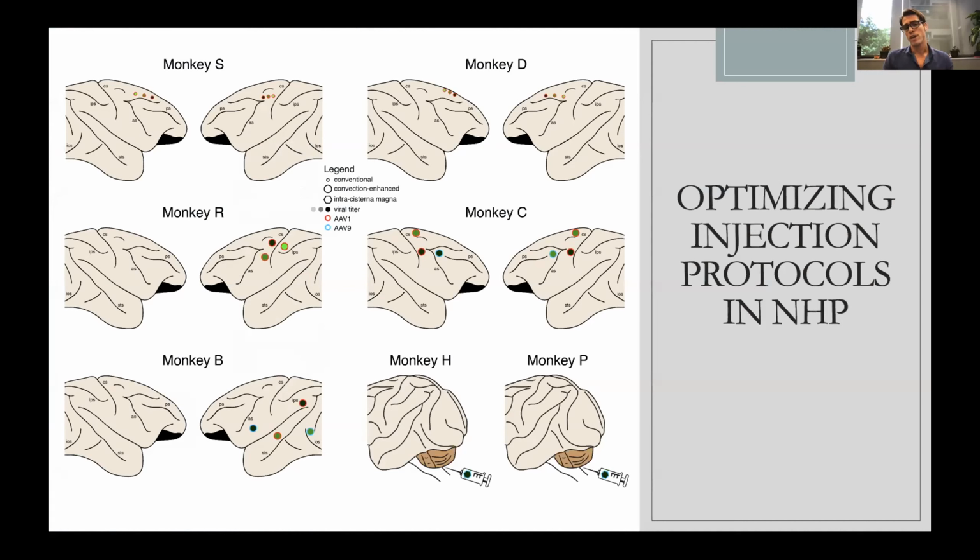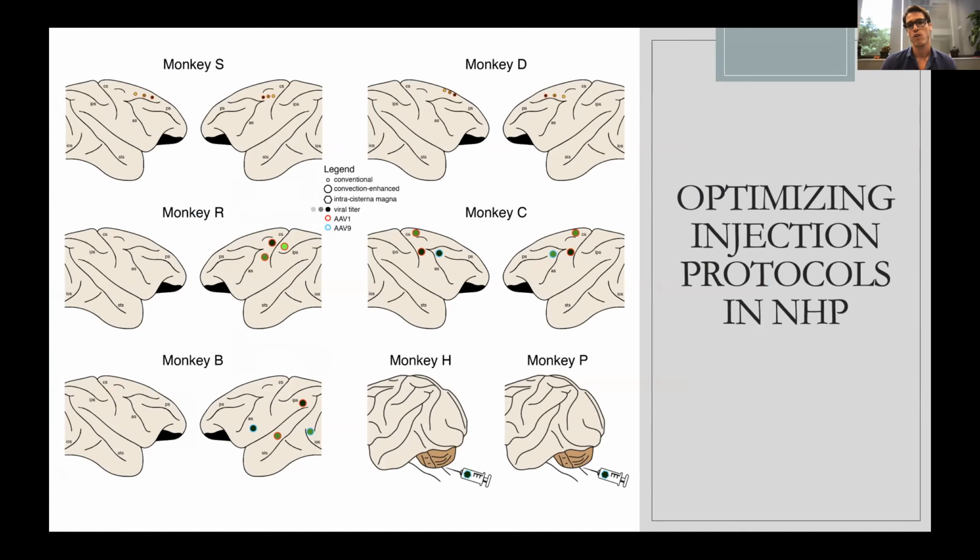So I've launched right now a large series of optogenetics injection experiments in monkeys to try to optimize injection protocols and surgical techniques, contrasting, for example, conventional, convection-enhanced, and intracisterna magna delivery approaches to deliver viruses to a large volume of the primate brain in a safe manner.